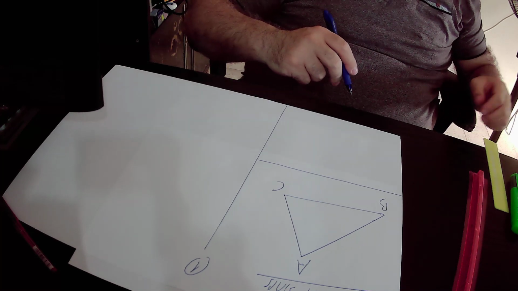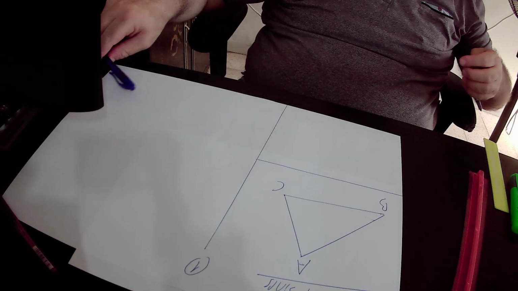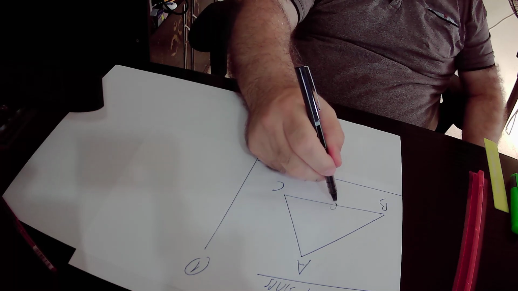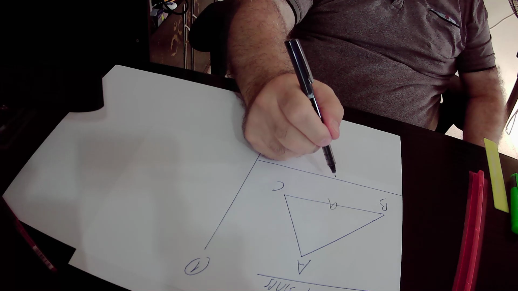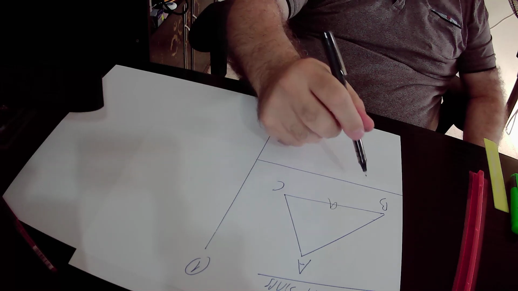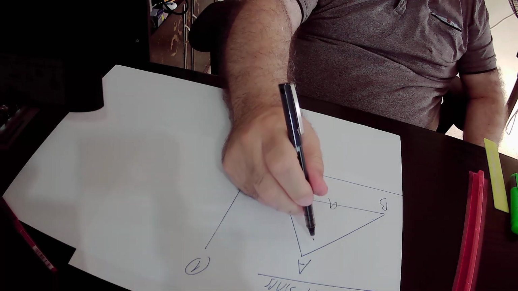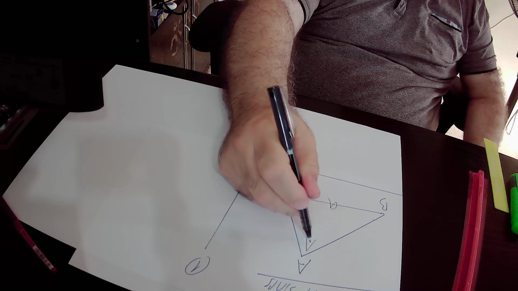In triangle ABC, side BC equals A units in size, and angle BAC equals A degrees in its size.